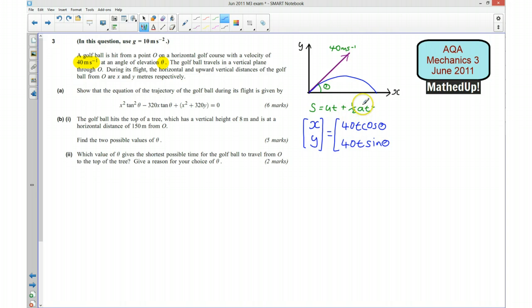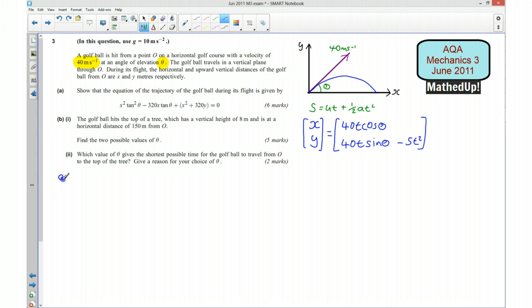So half of negative 10 is negative 5, so that's going to give us, take away 5t squared. So this tells me my displacement in my x direction and my displacement in my y direction.